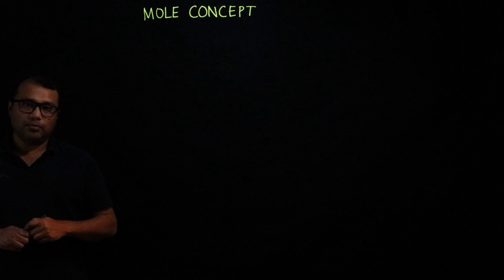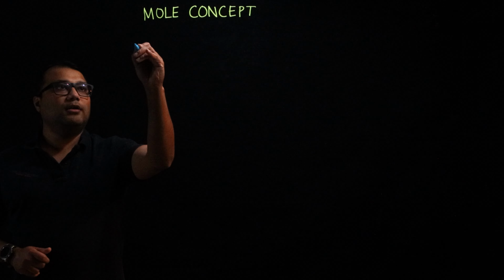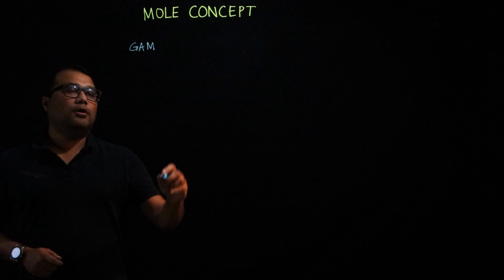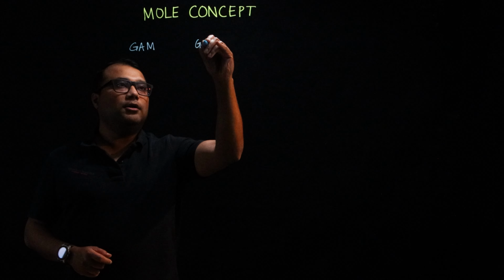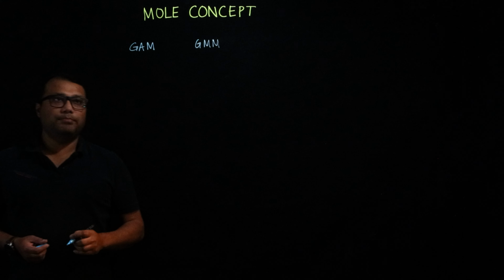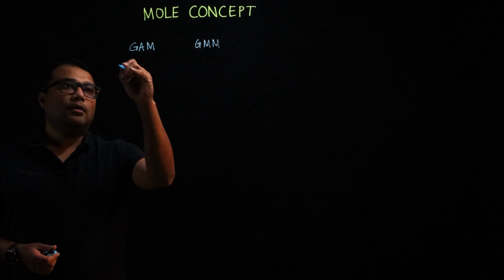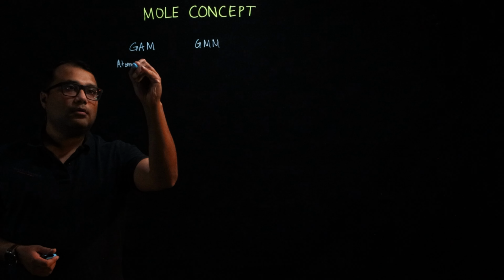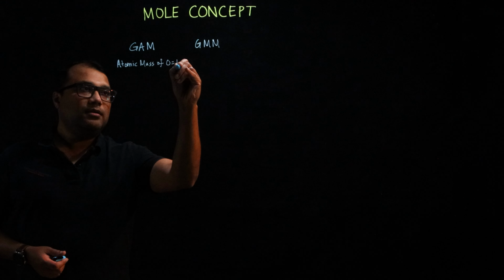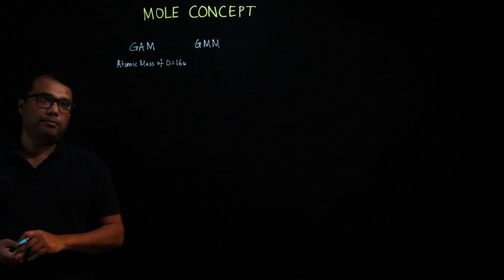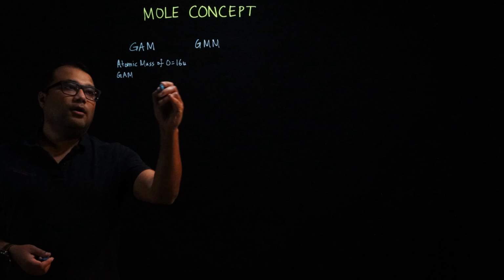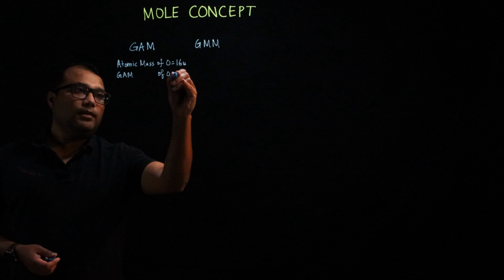Now I will introduce 2 new terms. One is called gram atomic mass and another is called gram molecular mass. Okay, both are actually very simple. If atomic mass of, let's say, oxygen is 16 u or 16 amu, then gram atomic mass of oxygen is 16 gram.